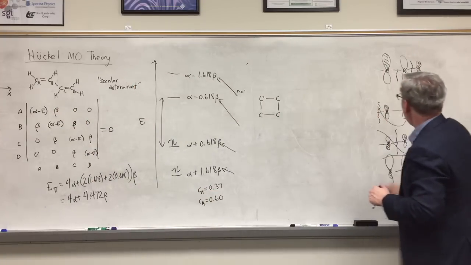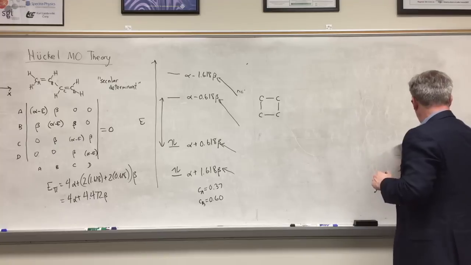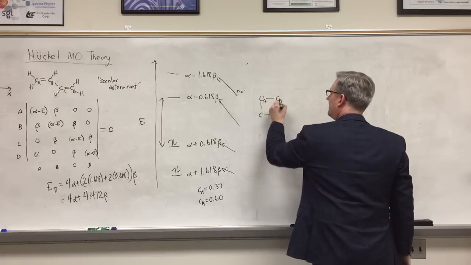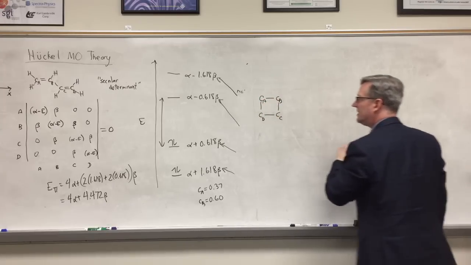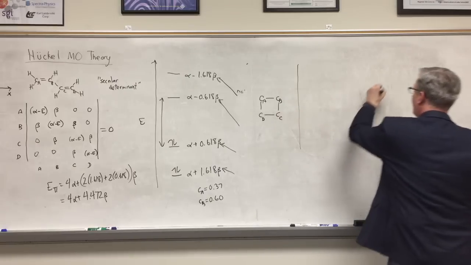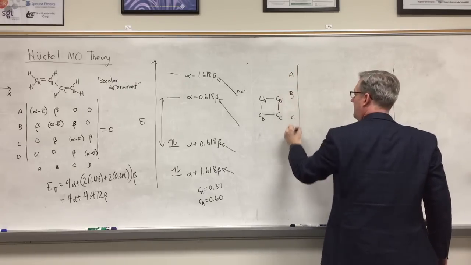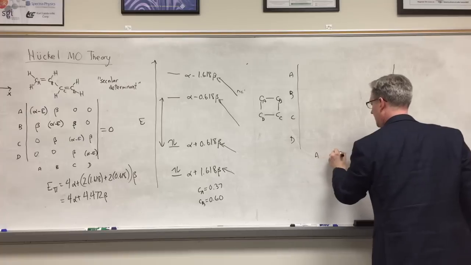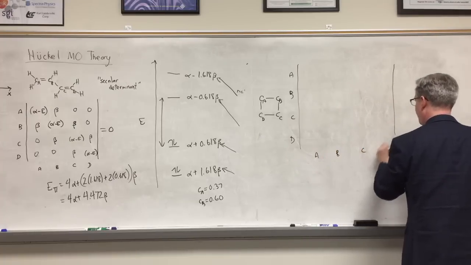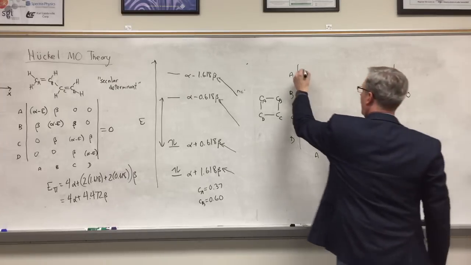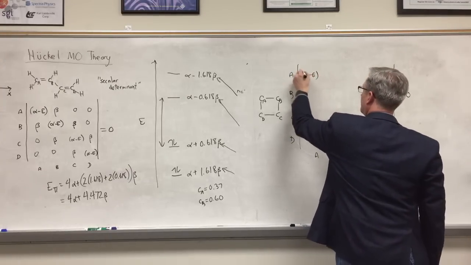However, in this case, the positions of what's adjacent and what's not are now different. Let's label A, B, C, and D as we did before. Let's look at our 4x4 determinant with the rows and columns labeled A, B, C, and D as before. On the diagonal, yet again, I have alpha minus E for each entry.